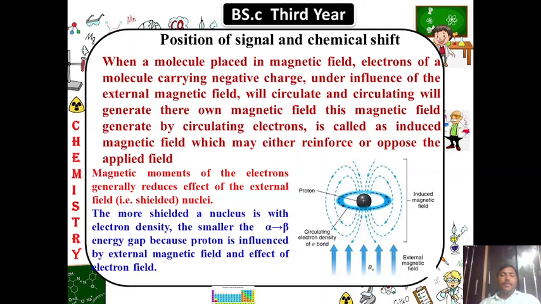The magnetic moments of the electrons generally reduce the effect of the external field on the nuclei. The more shielded a nucleus is, the smaller the alpha to beta spin gap, because the proton is influenced by both the external magnetic field and the effect of the electron field.